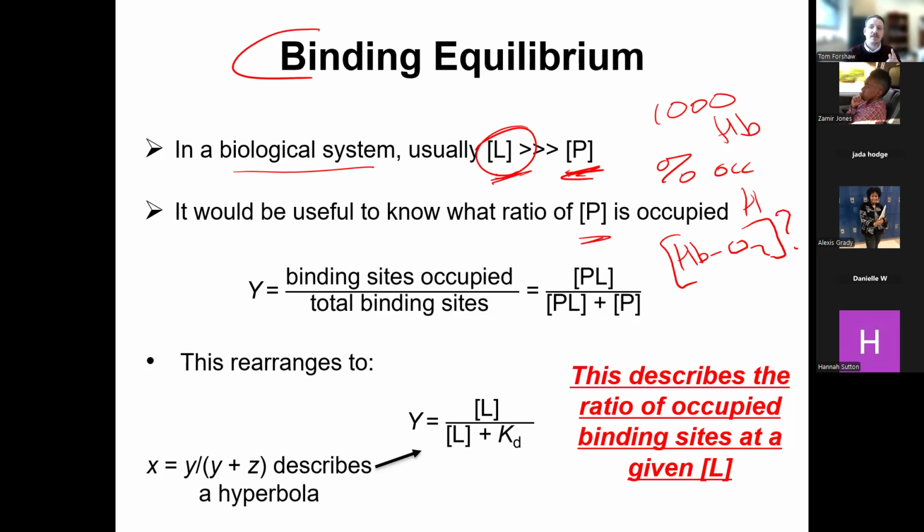And think about it for a moment. If hemoglobin didn't like oxygen very much, then you'd have to supply it with a lot of oxygen in order to encourage it to move into the complex.